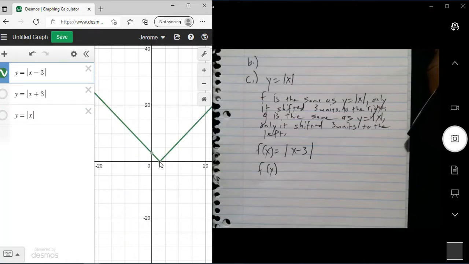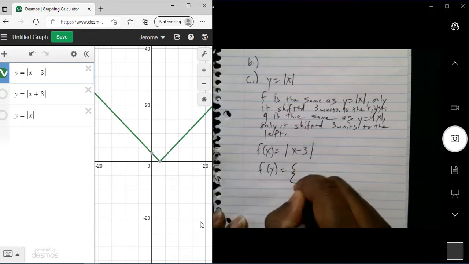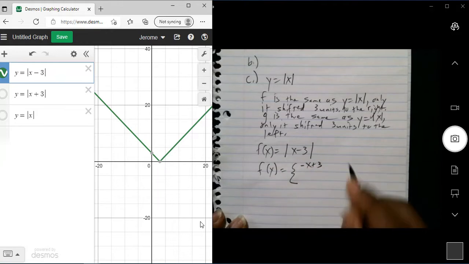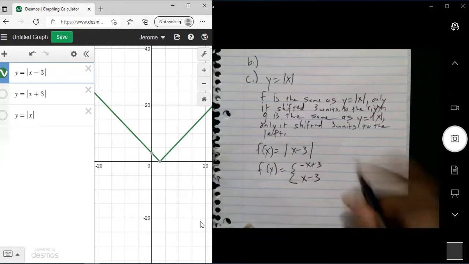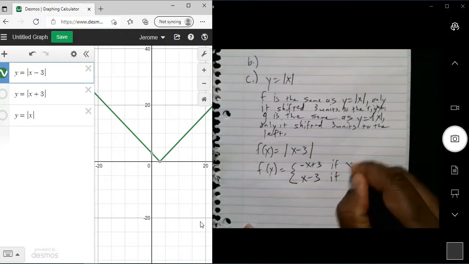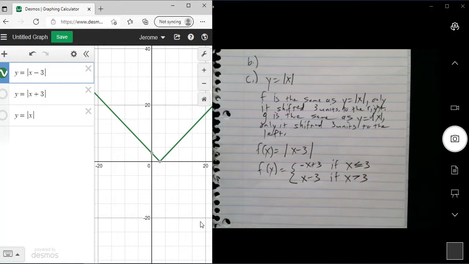Let me put this point here. We got two sides here to the graph of the absolute value of x minus 3. So with our piecewise function, the first part will be negative x plus 3, and the second part will be x minus 3. And we have to put an if statement here. This would be if x is less than or equal to 3 or x is greater than 3.